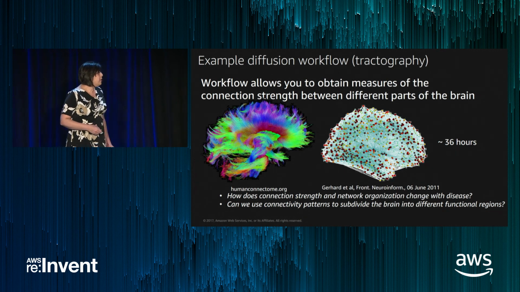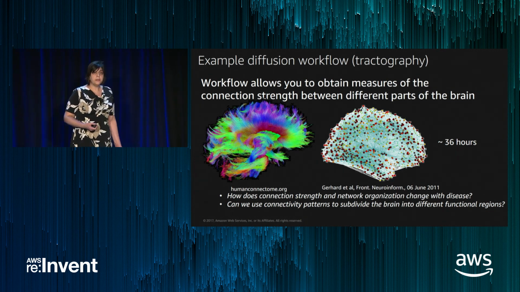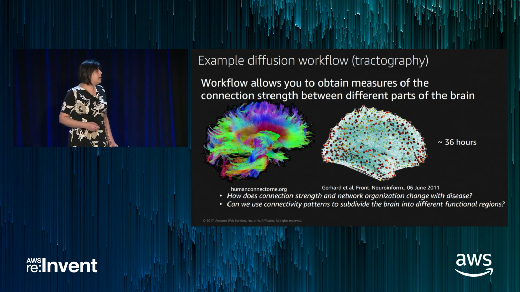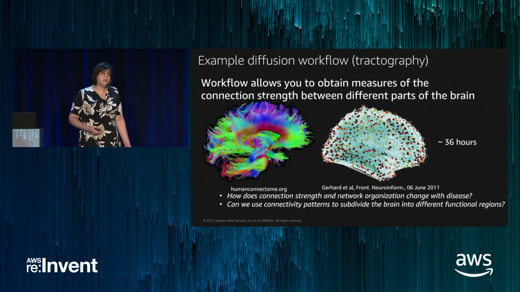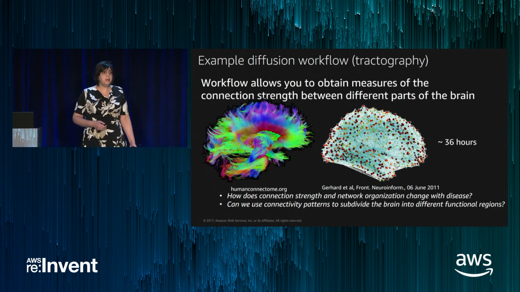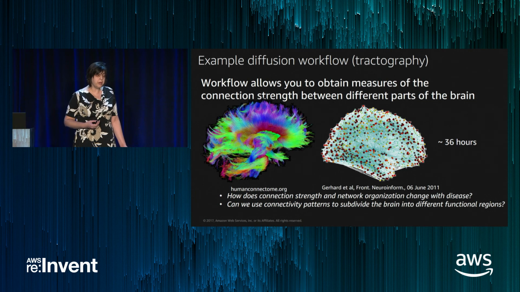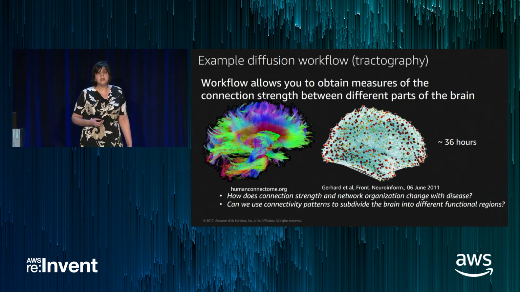This is important because network analysis has been frequently used now to look at changes in structural connectivity of the brain and structural organization and how that changes with disease. And also pragmatically, it's nice to know that if a part of the brain is connected in a similar fashion to the areas right next to it, this can be used to delineate functional regions and areas that we can then use to simplify our analysis.